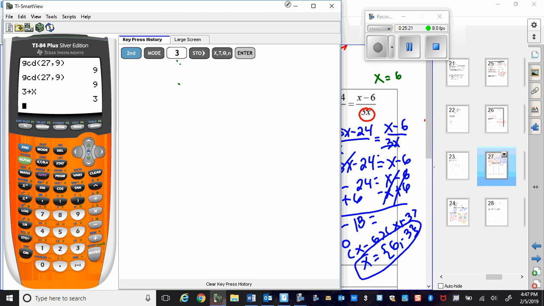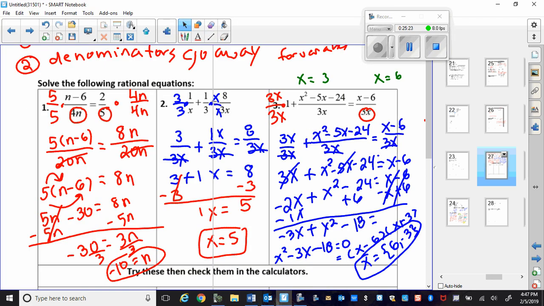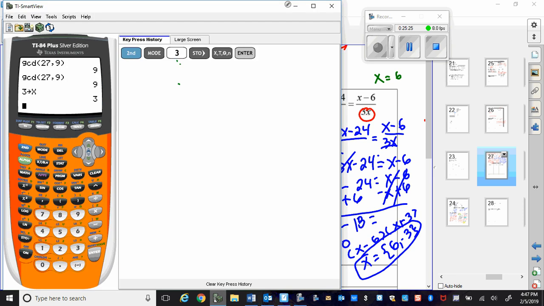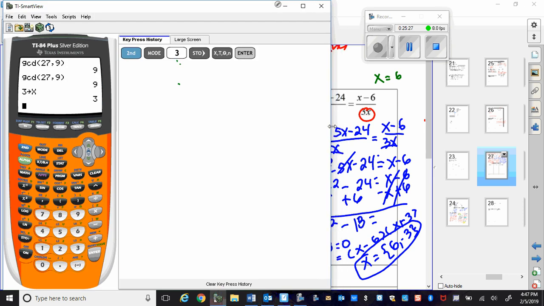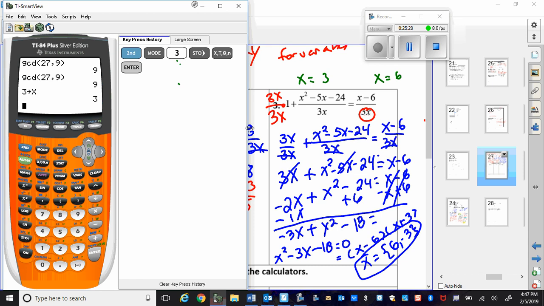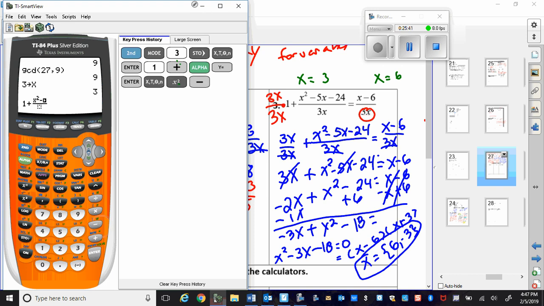So on my left side, if I look back at the problem here, I have 1 plus alpha y equals, enter, 1 plus x squared minus 5x minus 24 over 3x.